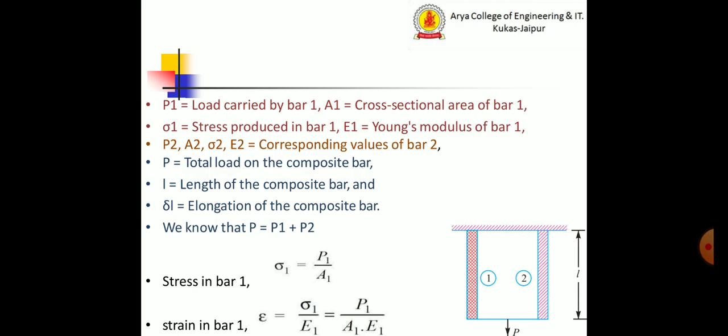Then we know that the total force is the sum of the loads P1 and P2, and sigma 1 is P1 upon A1, the stress in bar 1, and similarly the stress in bar 2. The strain in bar 1, epsilon, equals sigma 1 upon E1, equal to P1 upon A1 E1.